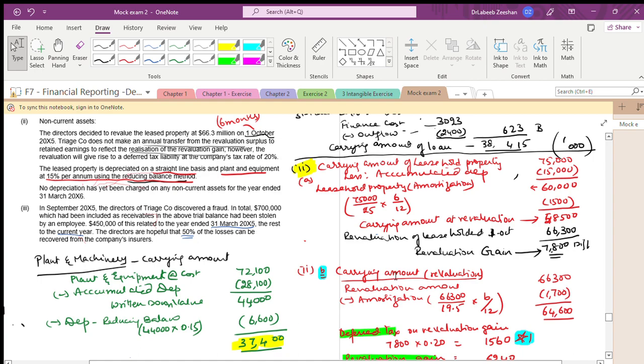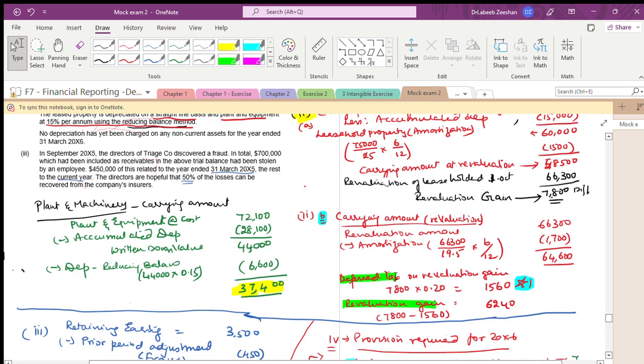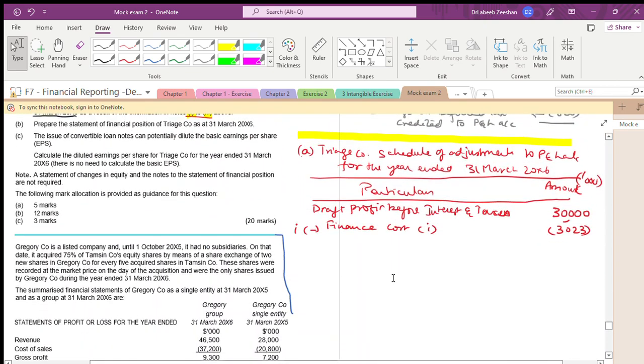Next, amortization on leasehold property, 1,500 and 1,700. Less amortization on leasehold property.